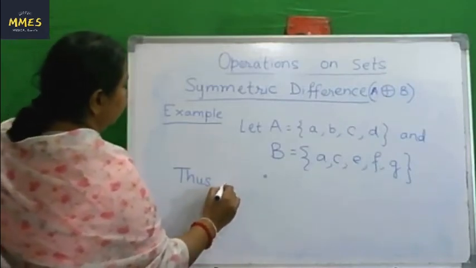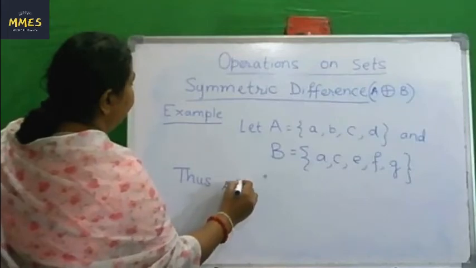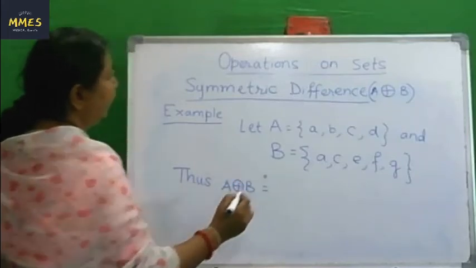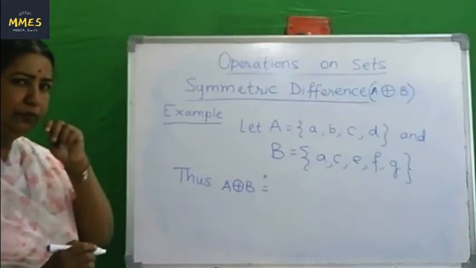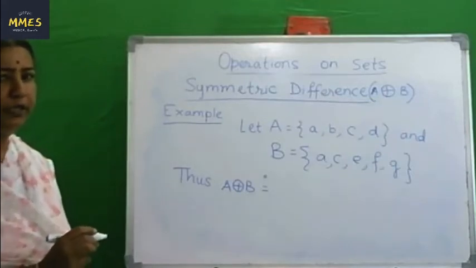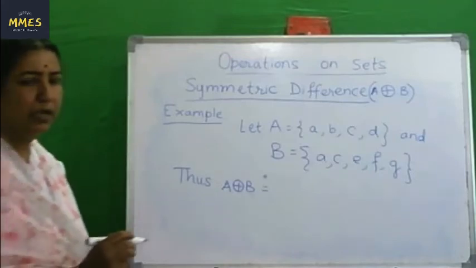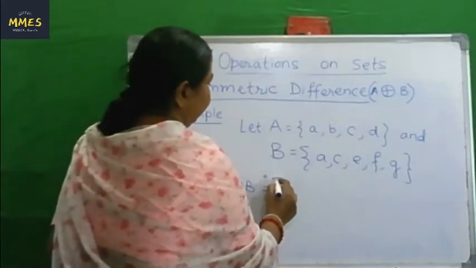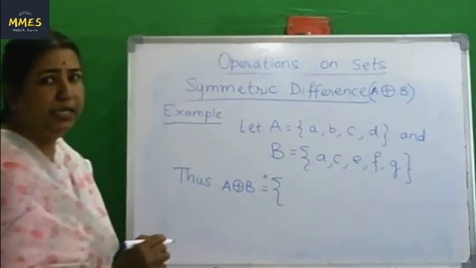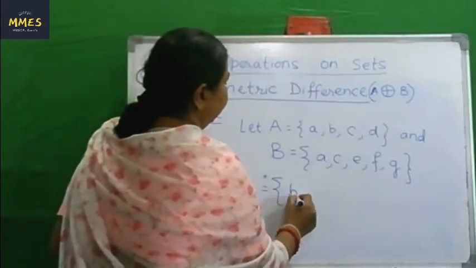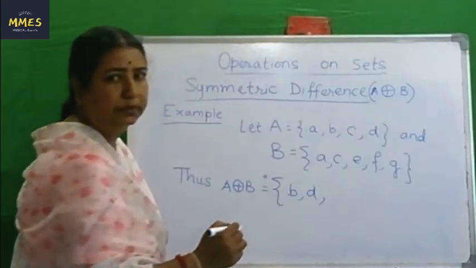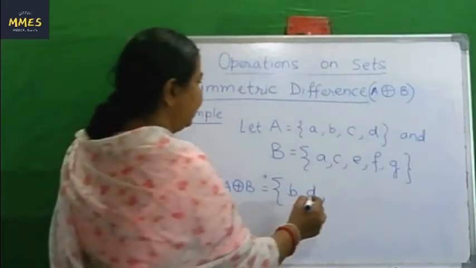Thus, the symmetric difference of A and B will be given by the elements which are present in one and not in the other. So we get B, D, E, F and G.